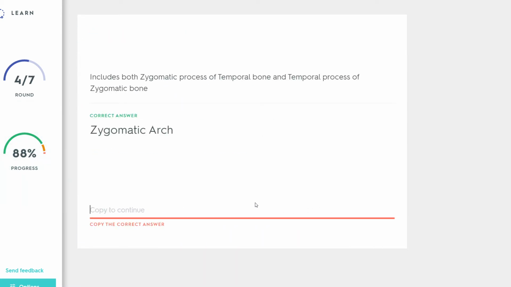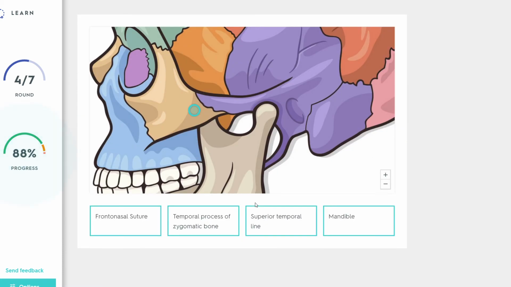Yeah, we gotta study that one. Let's go. The zygomatic arch. You are the connection between the zygomatic bone and the temporal bone. Okay, that thing right there. That is the temporal process of zygomatic bone.